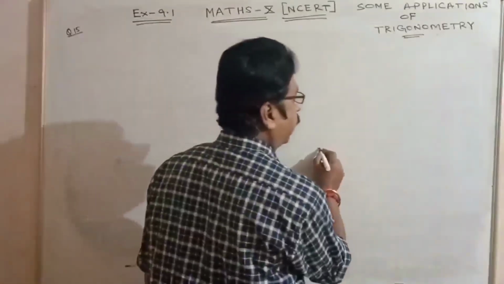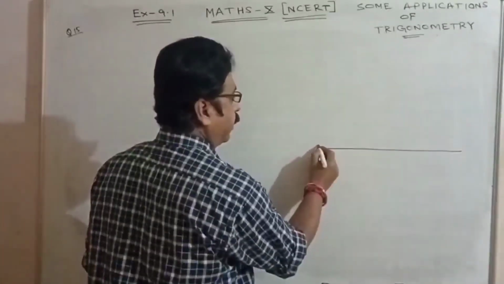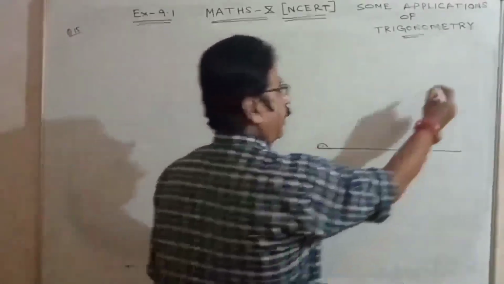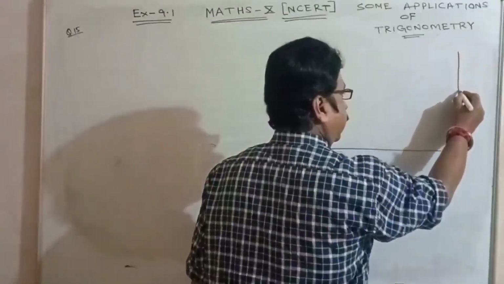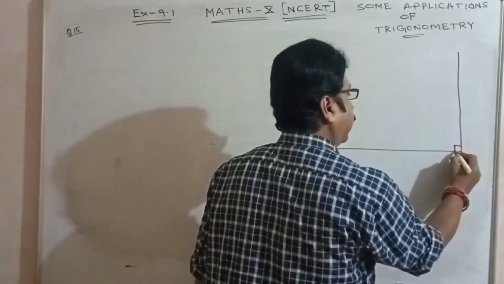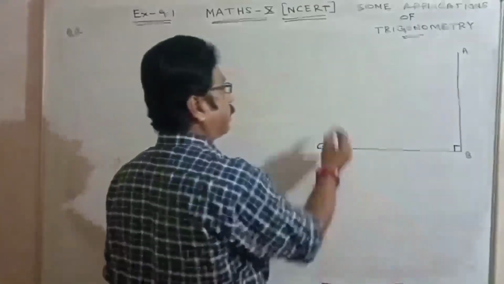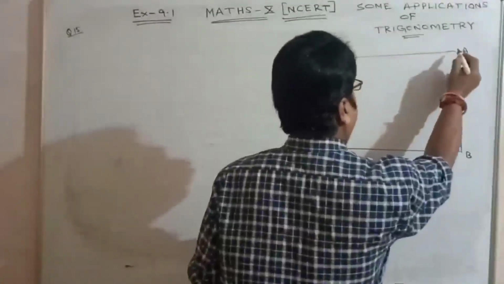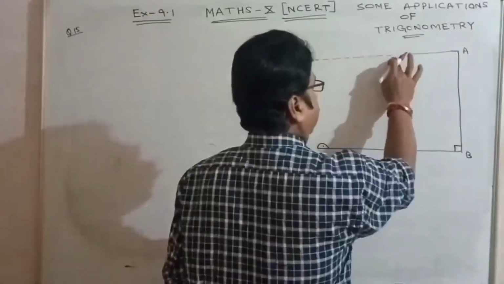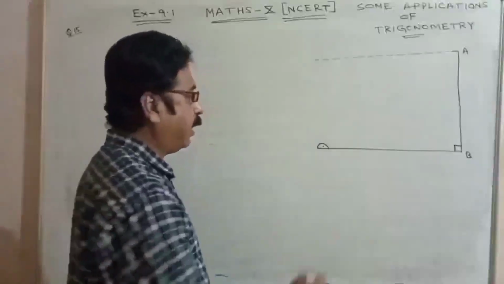This is the ground level. Suppose this is the car's first position. Tower. Suppose the tower is AB. This is parallel to the ground level.